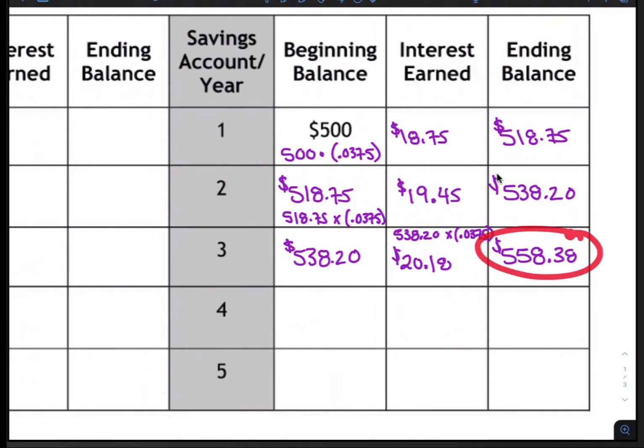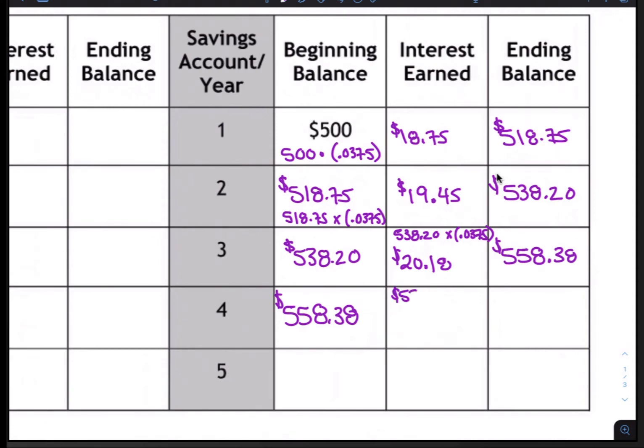This ending balance at the end of year 3 also becomes the beginning balance of year 4. So transfer this amount over to here. So now we have $558.38 at the beginning of year 4. And then we'll multiply that by the interest rate.